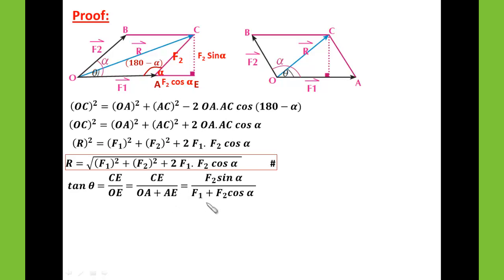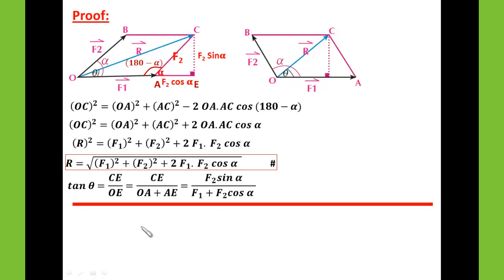OA is F1 plus AE, which is F2 cosine alpha. So this is the proof that tan theta equals F2 sine alpha over F1 plus F2 cosine alpha.